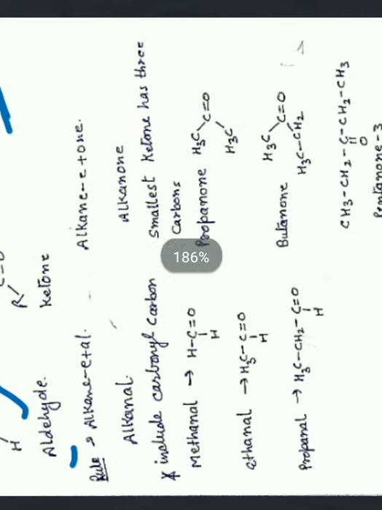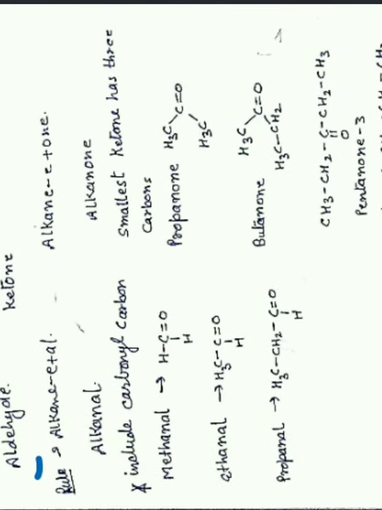So let us understand how we are naming the aldehydes. The very first compound, CHO, is there. Since the carbonyl carbon has to be included, that is the point to be remembered. You will always include the carbonyl carbon in the carbon chain.